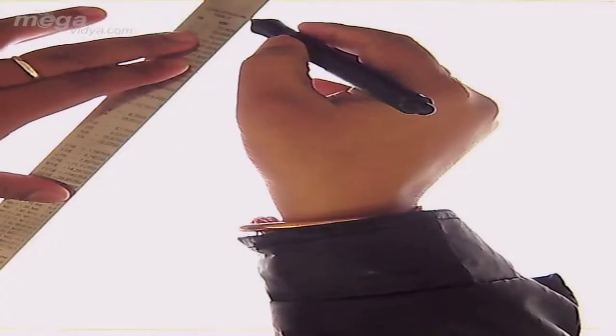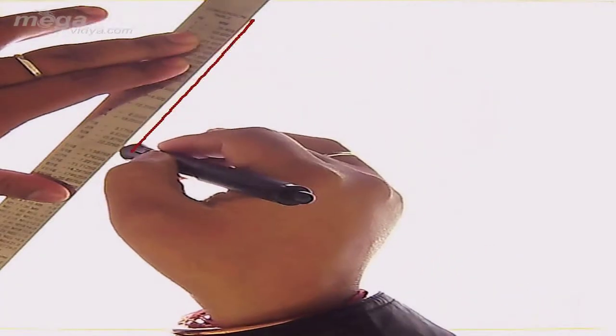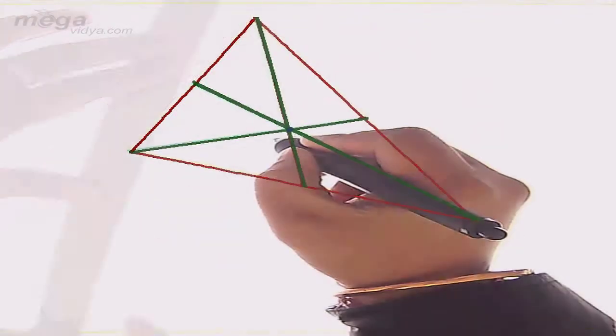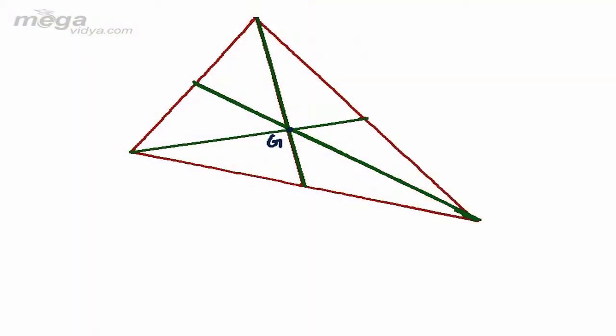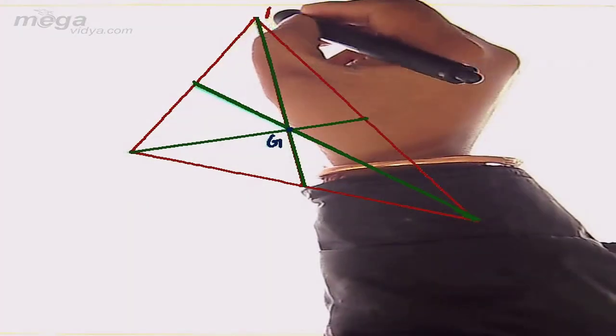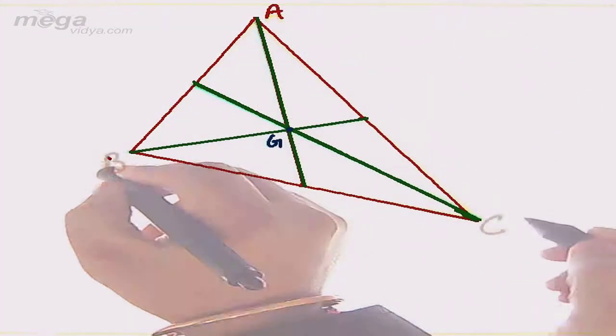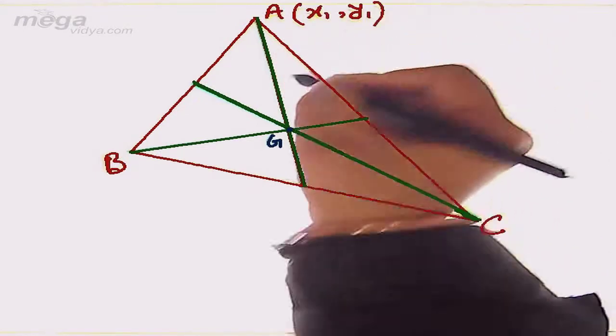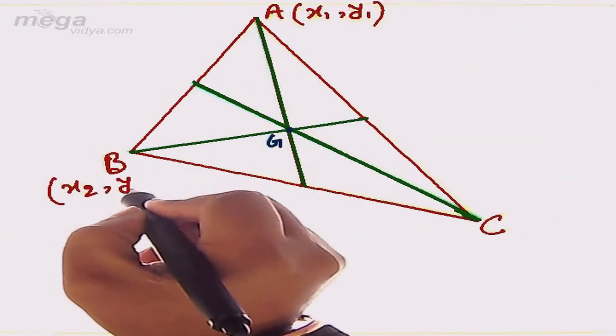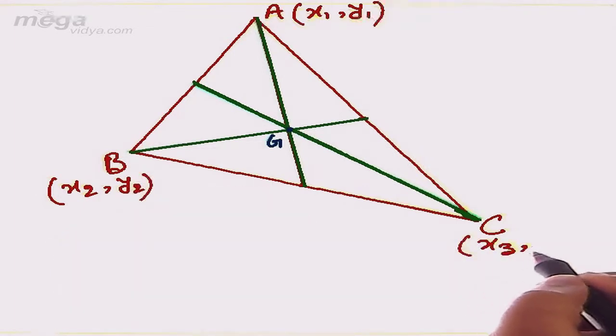Now we will find out the coordinate of that centroid. This point is the centroid. Suppose the name of this centroid is G, and the three vertices of the triangle are A, B and C, whose coordinates are (x1, y1), (x2, y2) and (x3, y3).